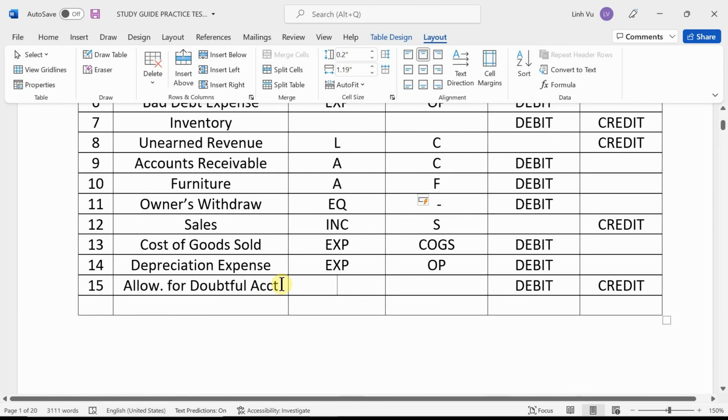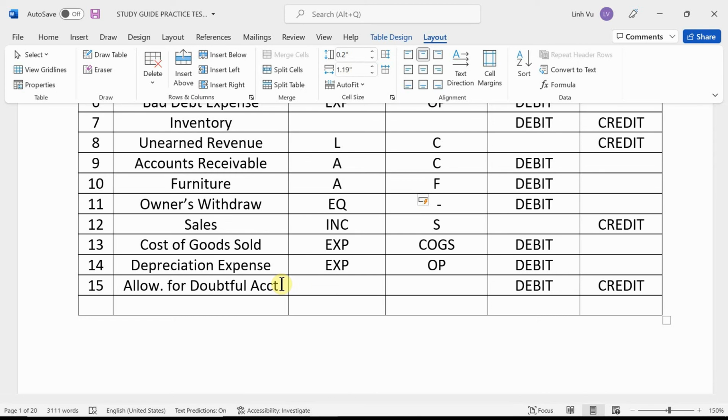That's where the allowance for doubtful accounts comes in, because if one day your customer says, I can't pay you anymore, that debt is potentially bad. You might not be able to collect it ever again, or you might have to send massive emails and phone calls trying to collect the debt until they give in. So in this case, this definitely is an asset.